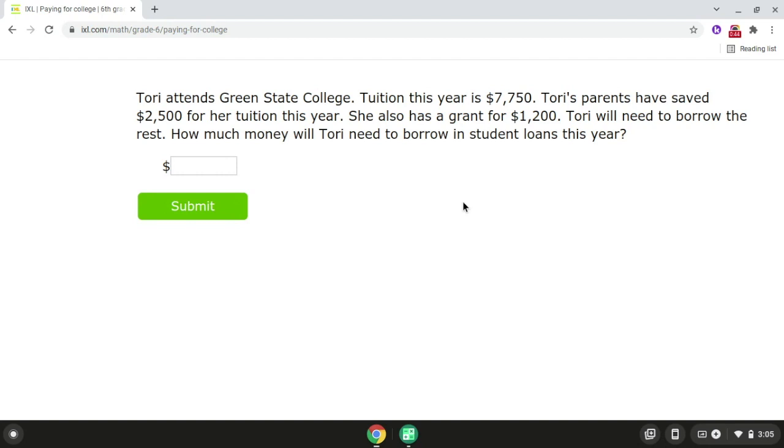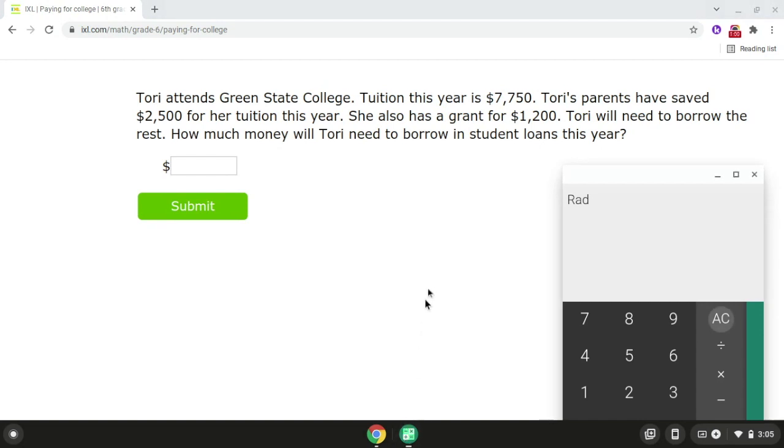Alright, so in order to calculate how much money Tori will need to borrow in student loans this year, we're simply going to subtract all 3 of these numbers. So if we take $7,750 and we subtract $2,500, and then from here, if we subtract $1,200, that will give us $4,050.